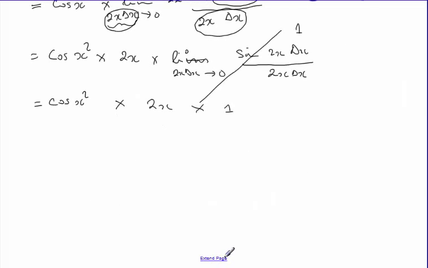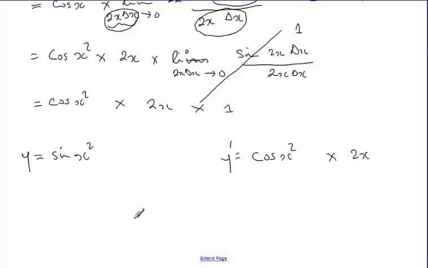Then let's summarize. We started at y equals sine x squared. We're landing at y prime equals cosine x squared multiplied by 2x multiplied by 1. I don't even worry about writing 1 because 1 times a is a, so it multiplies exactly this.